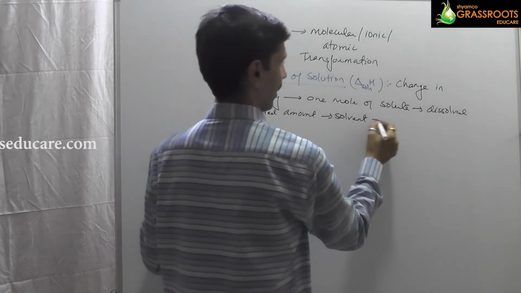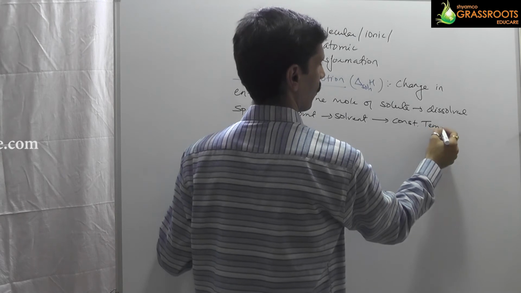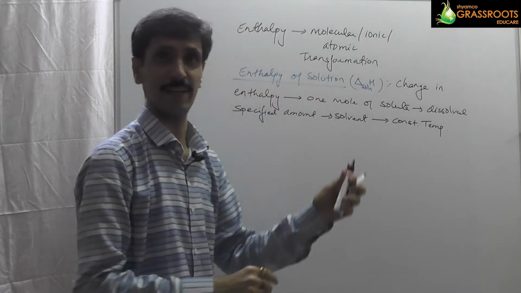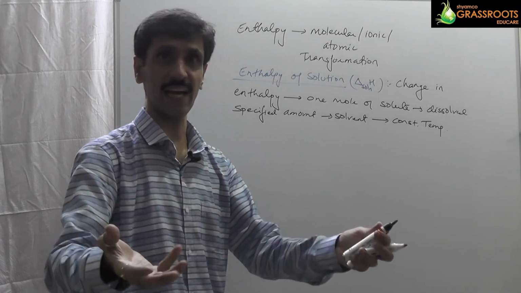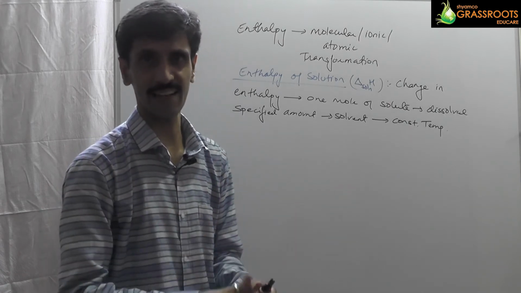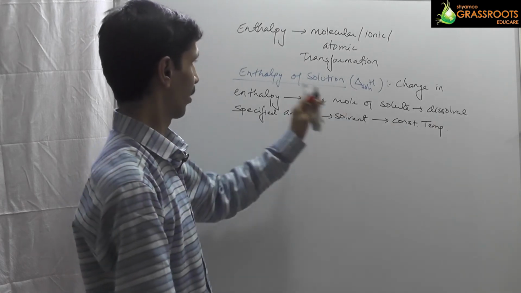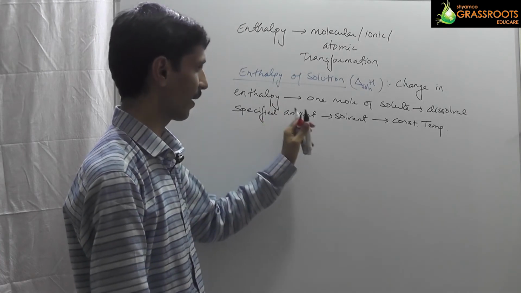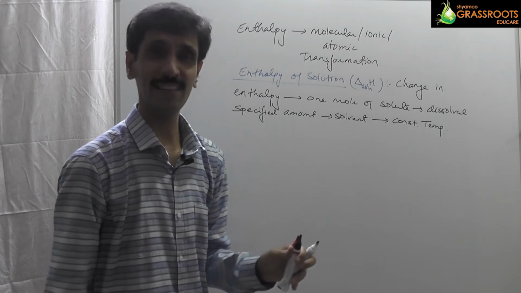Okay, and the most important point is at constant temperature, because you know very well temperature is one of the parameters which affects solubility. रूम टेम्परेचर पे अगर एक सोल्यूट पर्टिकुलर सॉल्वेंट में डिसॉल्व नहीं होता है तो अगर मैं उसको गर्म करता हूं तो वो डिसॉल्व हो जाता है. ये आपको भी पता है अच्छी तरीके से. ओके, इसलिए टेम्परेचर को कांस्टेंट रखना जरूरी है. So it is a change in the enthalpy when 1 mole of a solute is being dissolved in a specified amount of the solvent. Okay, so that is called enthalpy of solution.